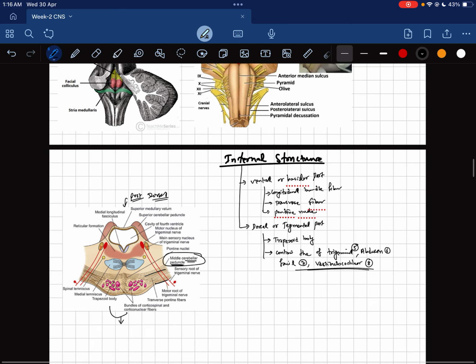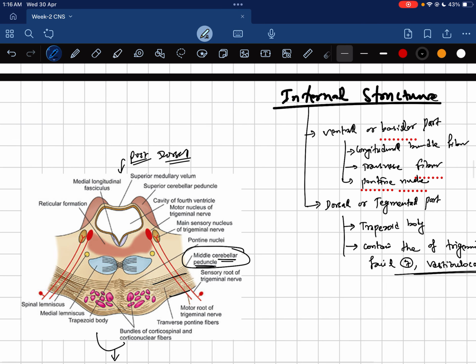When you look in the dorsal tegmentum, there is a nucleus. This is the nucleus for the trigeminal nerve.